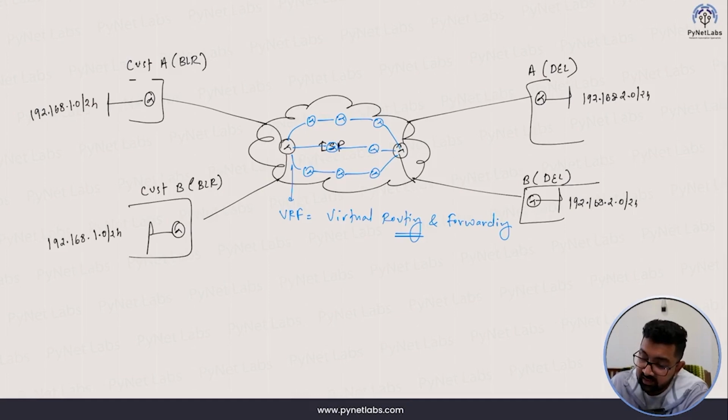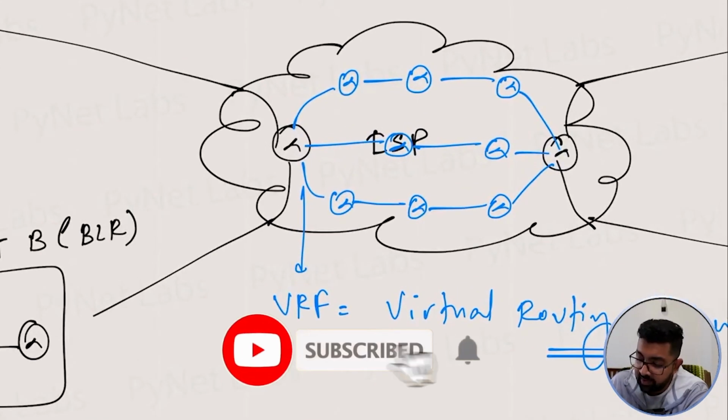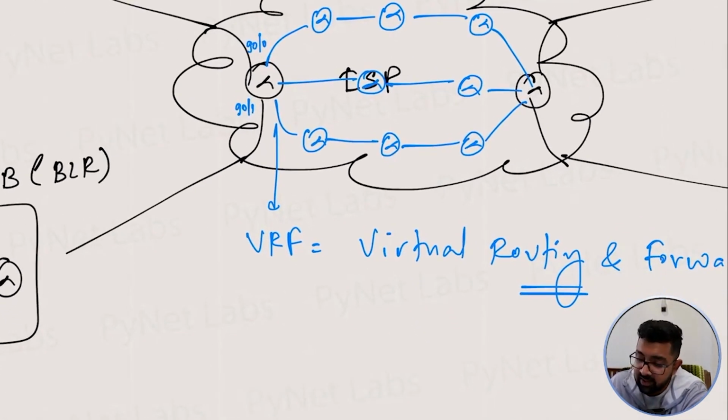So since it's going to be using an interface, if this over here uses G0/0 and G0/1, we can make an interface participate in one VRF or one virtual routing table and another interface participating in another virtual routing table.